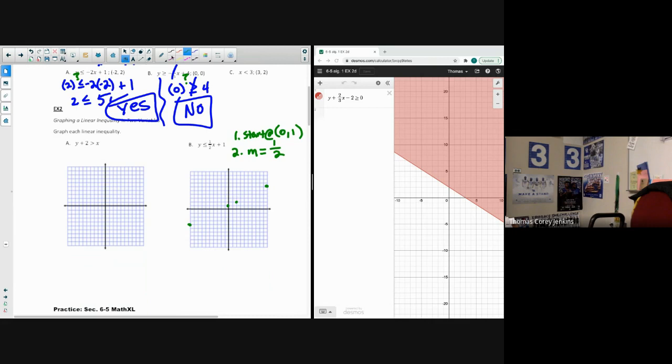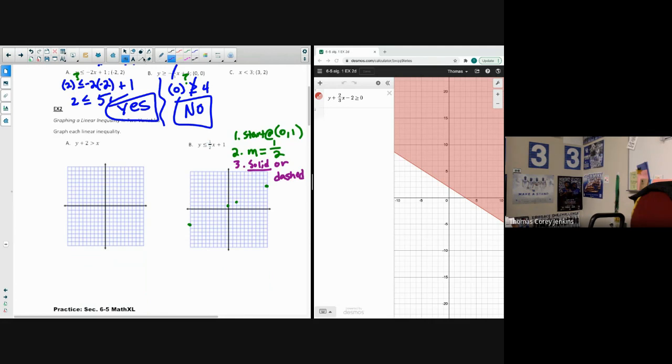Step 3 is usually just to draw your line through it, but here you have to say, is my line solid or dotted? I think the book says dashed. Is it solid, dotted, or dashed? In this case, it's going to be solid because of that "or equal to." That's what determines that it is solid.